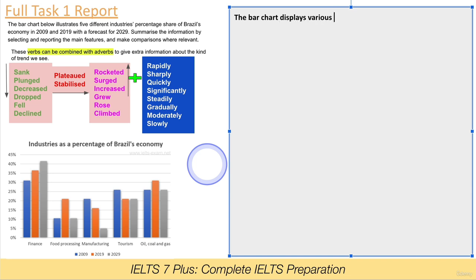various sectors, industries, and the share they take of Brazil's economy is a hard one to paraphrase. Brazil's, we'll keep it in for now. Maybe we'll change it at some point.